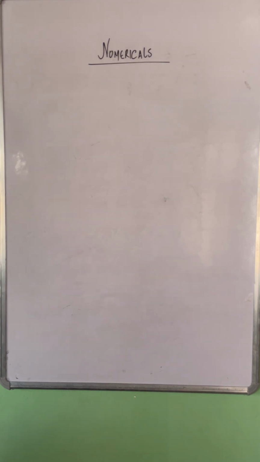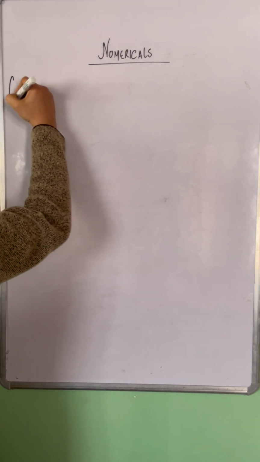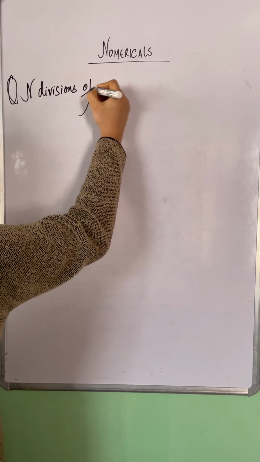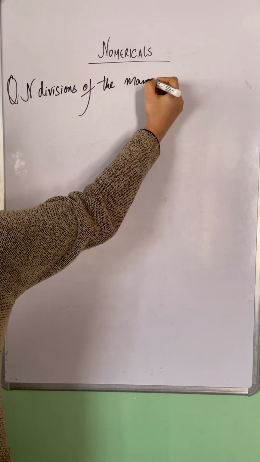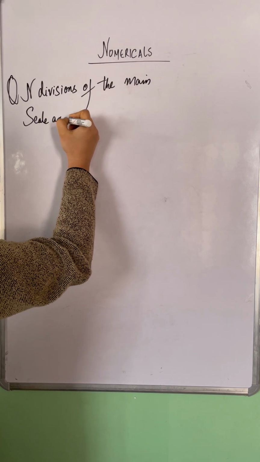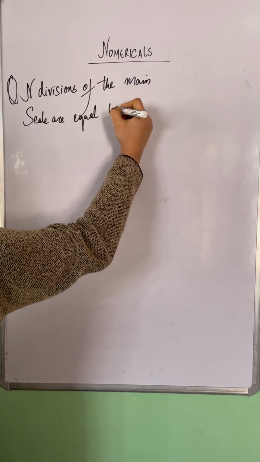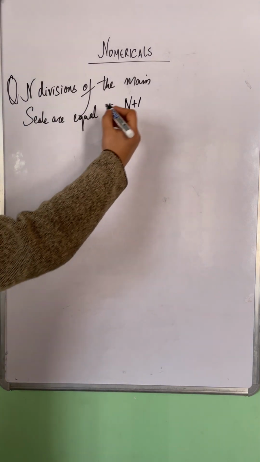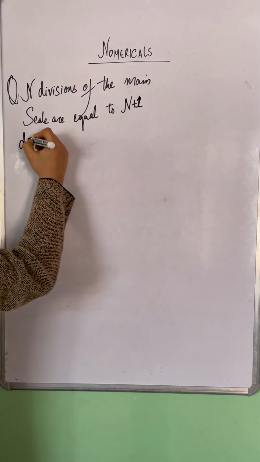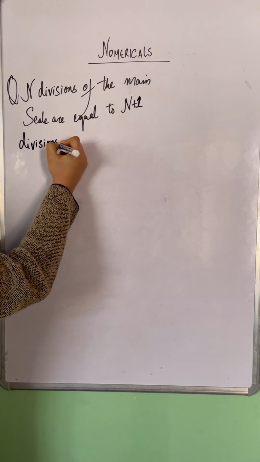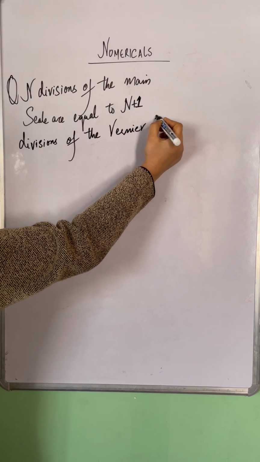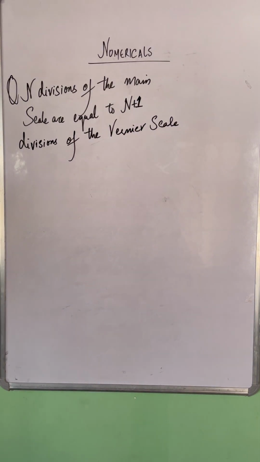So the question is, n divisions of the main scale are equal to n plus 1 divisions of the vernier scale, if each division on the main scale measures a units.